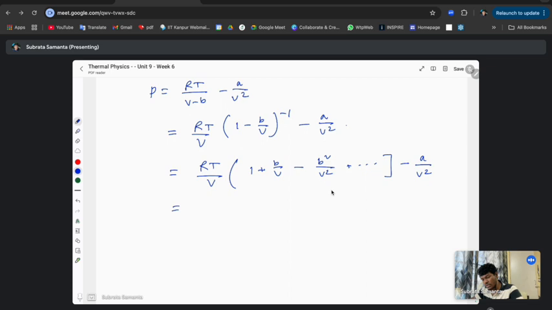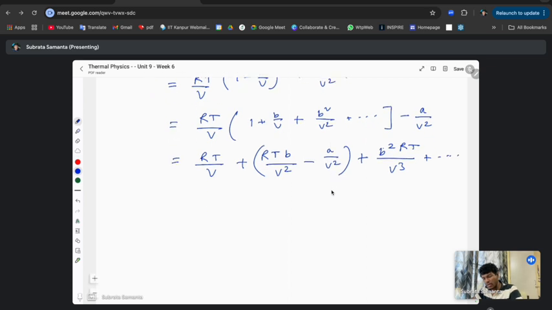So this is RT over V plus RTB over V square minus A over V square plus B square times RT over V cube, plus dot dot dot.